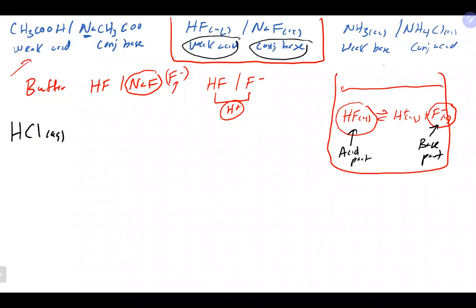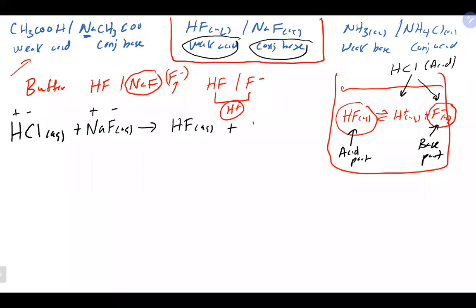So when you dump HCl into here, because this is an acid, it is going to react with the base part of the buffer in this case. And you will get a reaction with sodium fluoride, which is basically the base part of the buffer. This really is a double displacement reaction, right? Positive with negative, positive with negative. And what we're going to get is HF formed, and our sodium chloride will be formed as well.